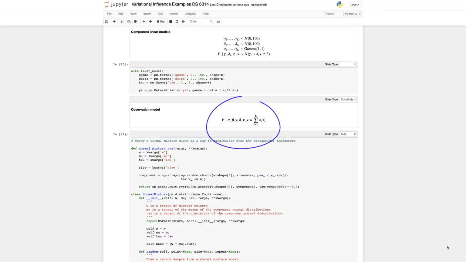So then the observation model will be a mixture of these, where the pi's are the mixtures that we represented before as this logit, and the y's are going to be representing each one of the regression models that we have. So we're going to have a mixture of these regression models, and that'll be our way of solving for this particular estimation of this data set.